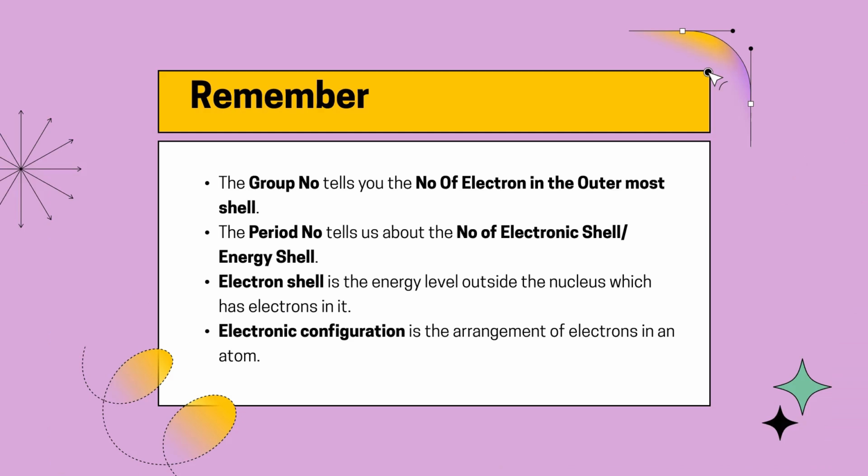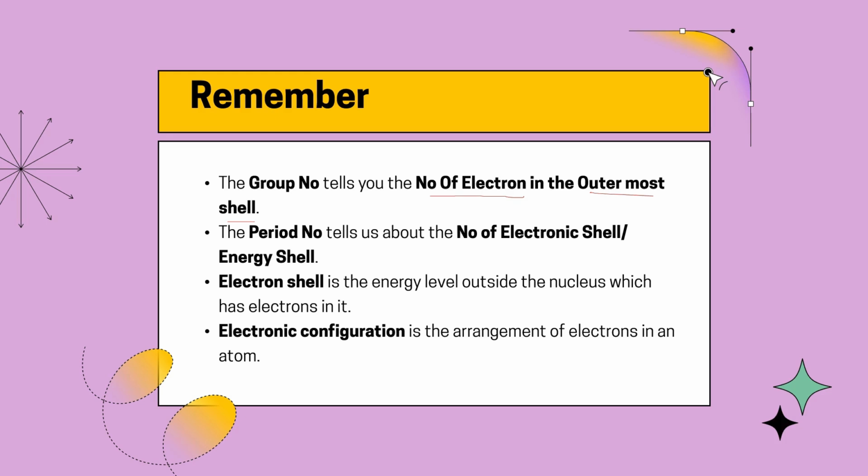Now, there are a few things that you have to remember. The group number tells you the number of electrons in the outermost shell. If it is group 1, any element from group 1 will have 1 electron in its valence shell. Similarly, if it is group 6, then the outermost shell will have 6 electrons.